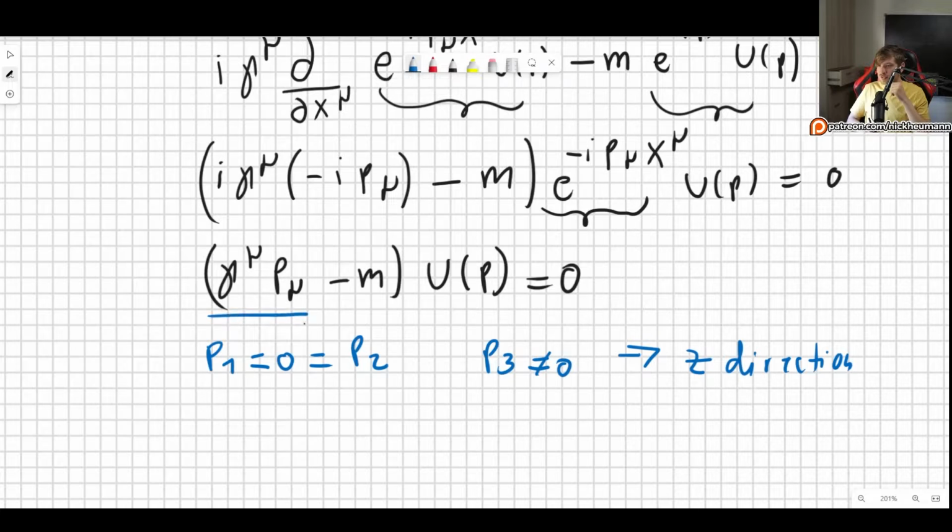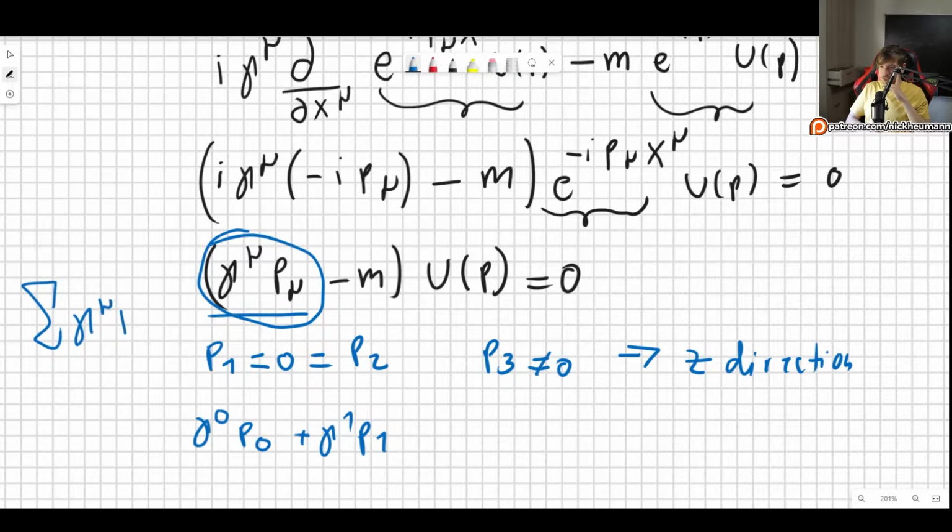So now let's multiply through in that product. There we would have γ^0 p_0 plus γ^1 p_1, and so on. Keep in mind, this has an implicit summation. We said that whenever we have something like this, we are implying that there is a sum from μ equals 0 to 3.